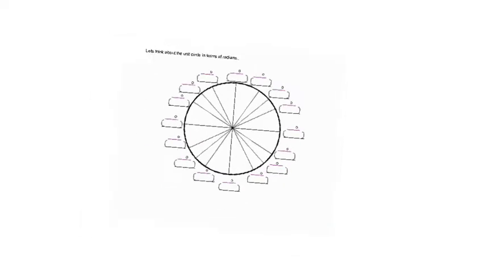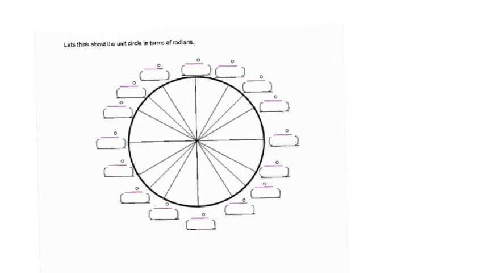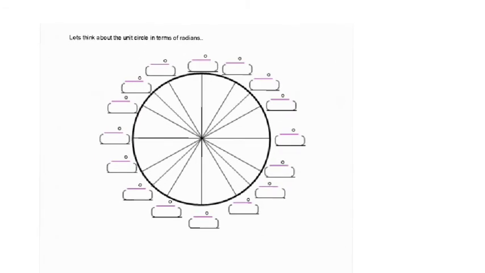We're going to talk about the unit circle in terms of radians. So we already talked about some of the pieces. This is 0. It's also 2 pi. I know that it has a degree symbol on there. Pretend that's not there. So halfway around, 180, is the same as pi.